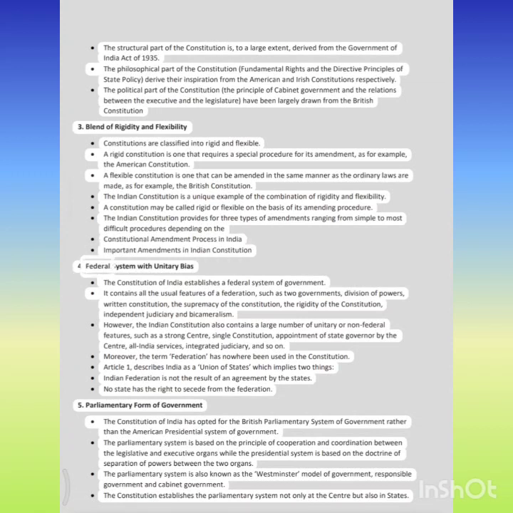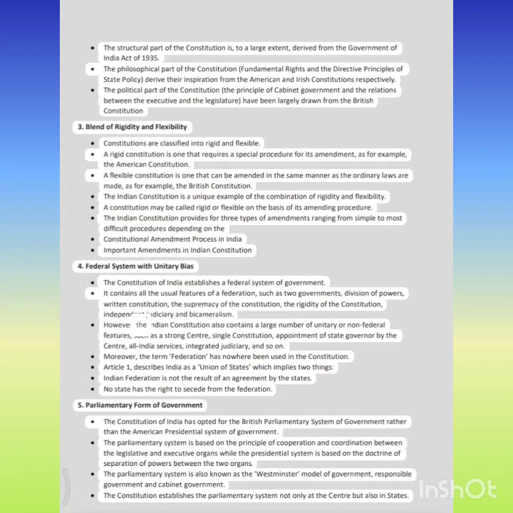4. Federal system with unitary bias. The Constitution of India establishes a federal system of government. It contains all the usual features of a federation, such as 2 governments, division of powers, written constitution, the supremacy of the Constitution, the rigidity of the Constitution, independent judiciary and bicameralism.